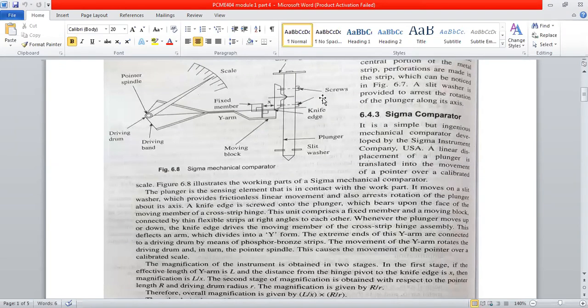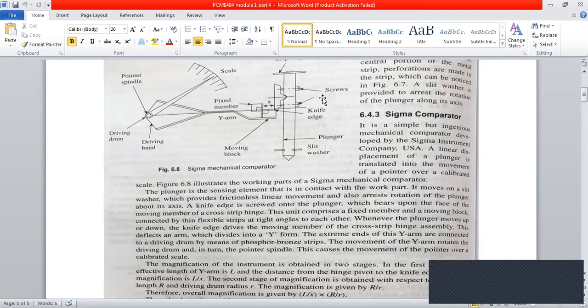Actually it is a mechanical touch sensor, but we can add an electronic sensor here also. In this way we can compare any kind of measurement. So this is called the Sigma mechanical comparator. Okay, does everybody understand this?